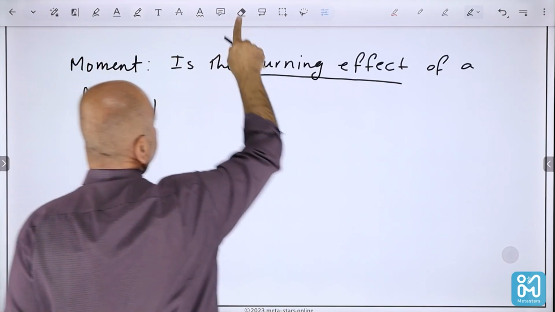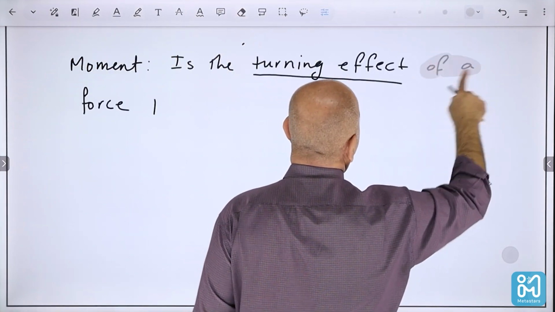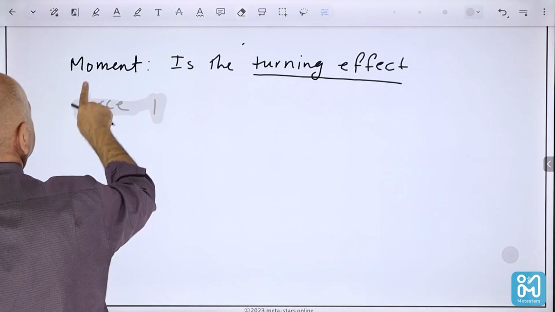That would be better if we say it this way: the turning effect produced by a force.